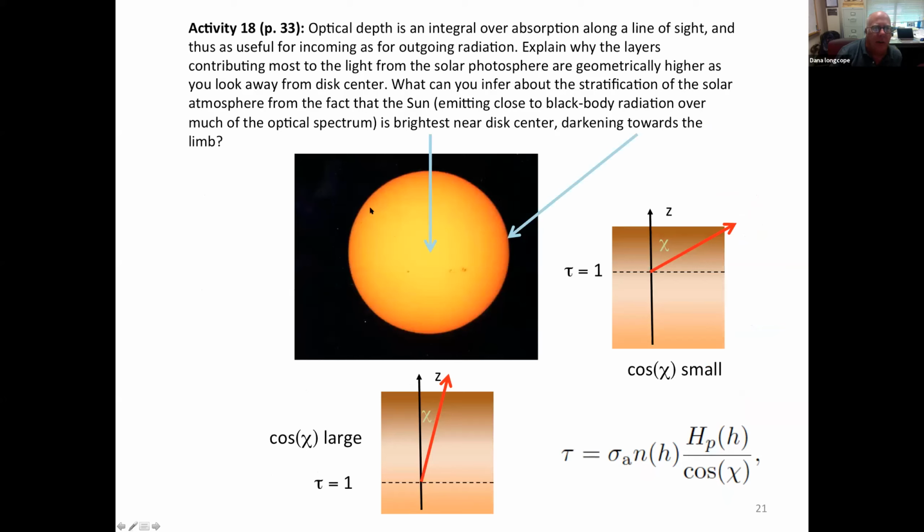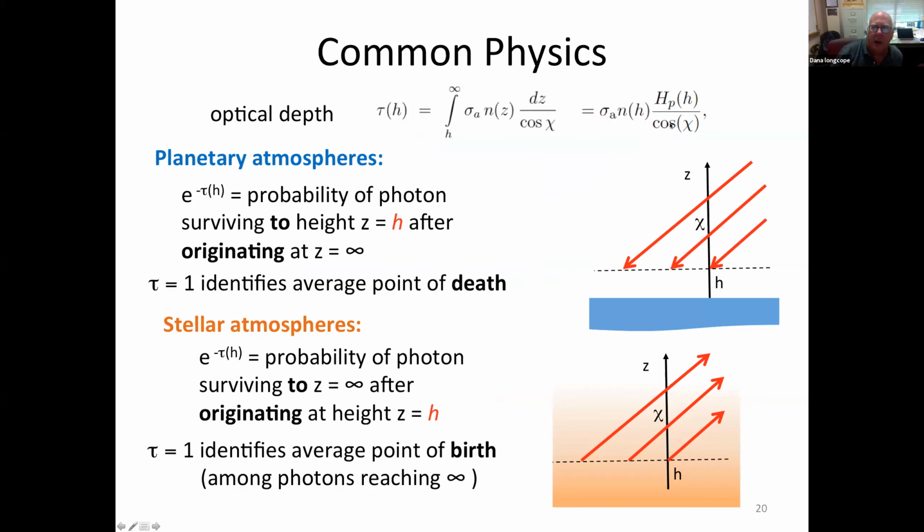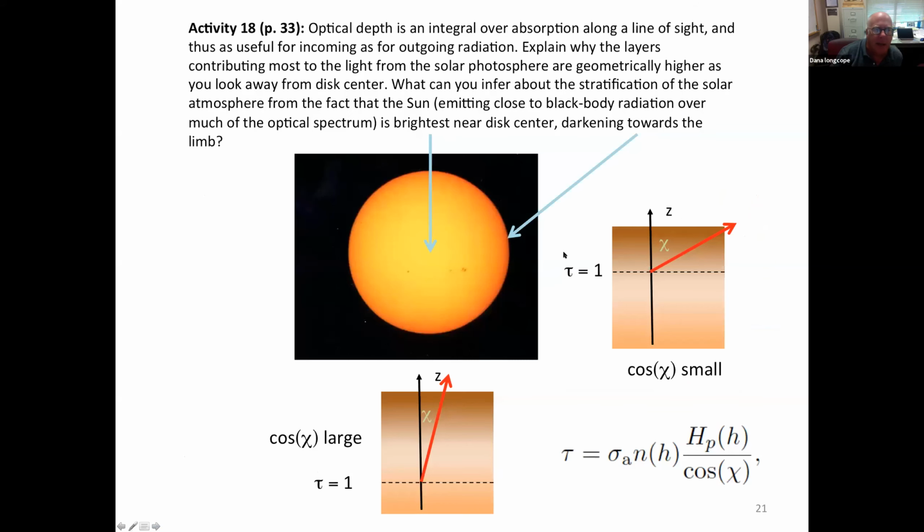That is, we see a solar disk like this, and it's bright in the center and a little darker. This is a colored image, but it's a little darker out at the edge. That's what we call the limb. And the reason for that has to do with this chi in the denominator, cosine of chi in the denominator.